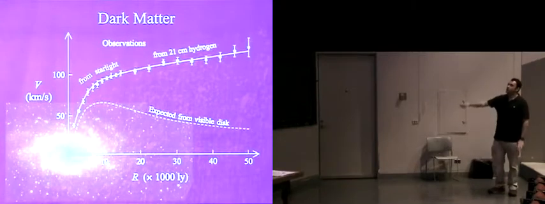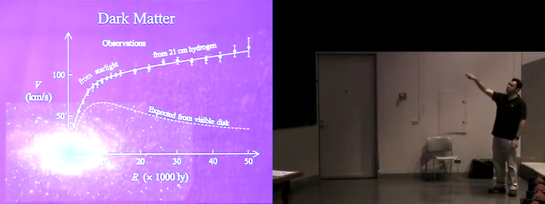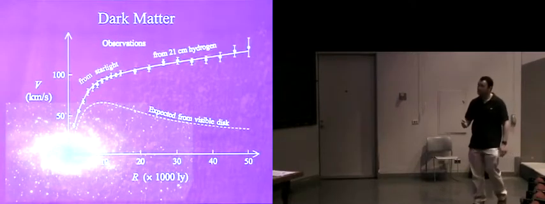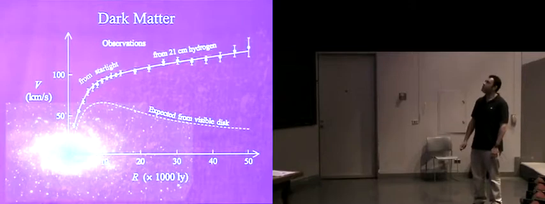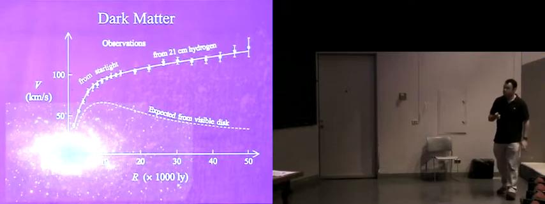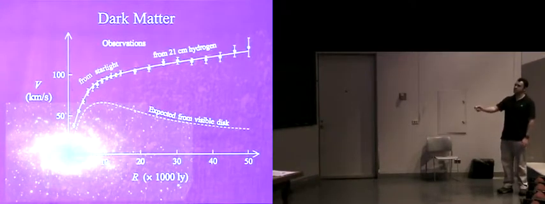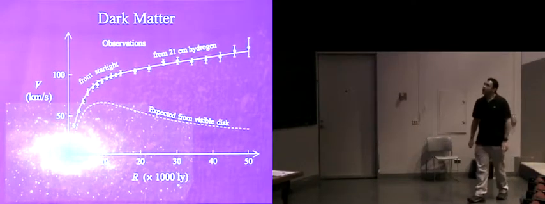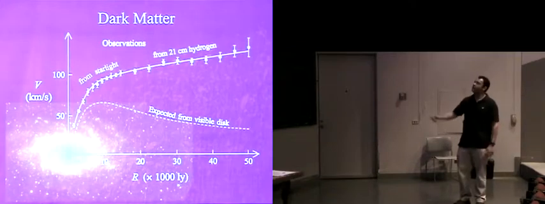Okay, and if you do that, you get, don't worry about the details here, but you measure something that's totally inconsistent with what you expect just from an estimate of how much mass is in the form of things that we know about, like protons, or basically atoms. Okay, and so they're very different. You get very different behavior, and the leading solution for this is to say that, well, there's a lot of matter in here that we're not accounting for. So there's a lot of matter that's not in the form of atoms, and this is what we call dark matter, and that can explain the data very well, right?